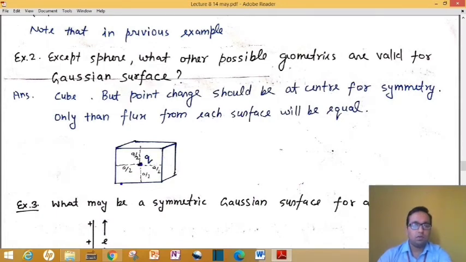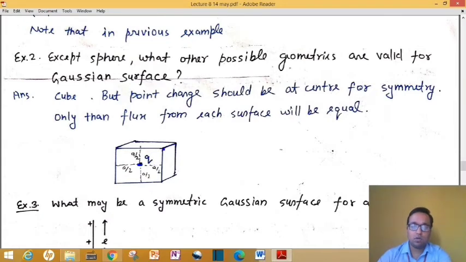Suppose we have this cube with side A, and the charge is kept at the center point. If I ask you what is the distance of the floor of the cube from the point Q, your answer will be A by 2, half of this height.